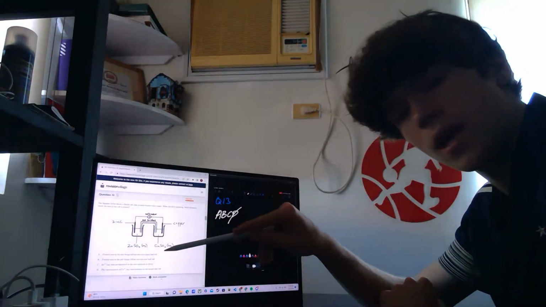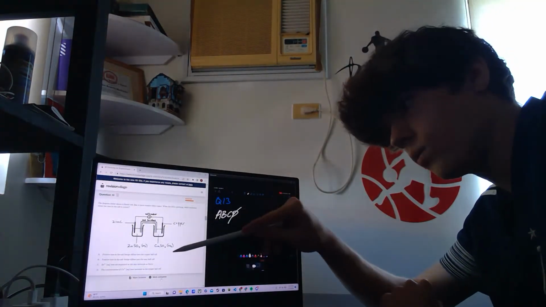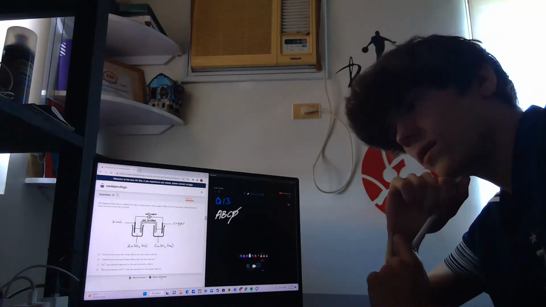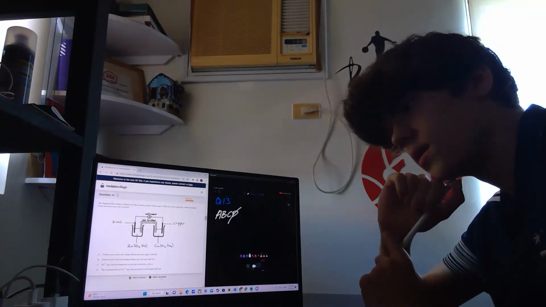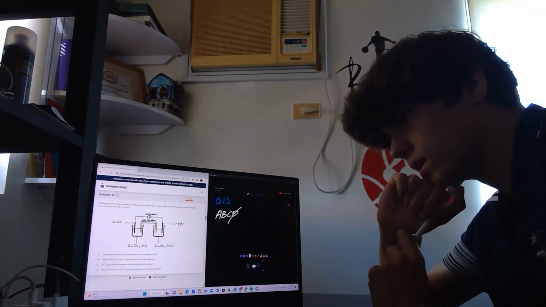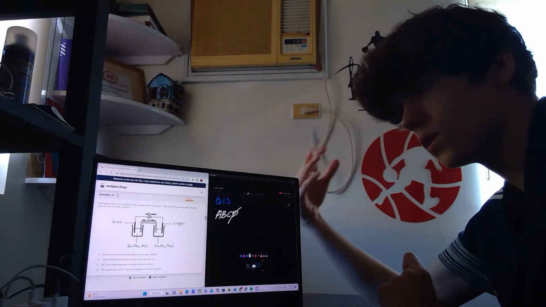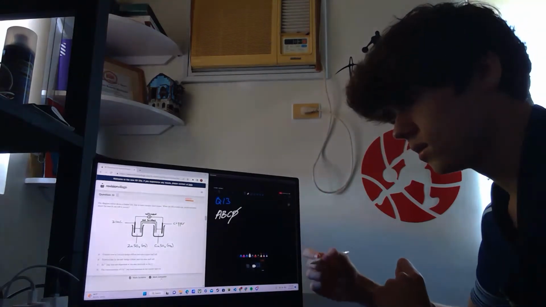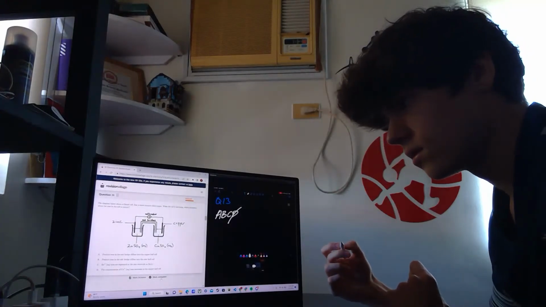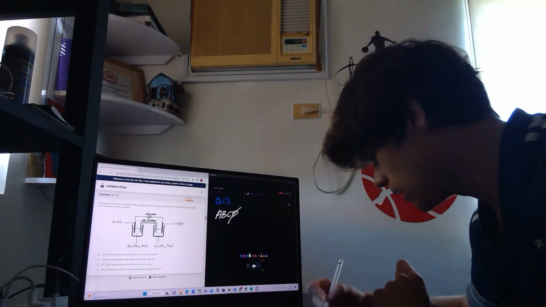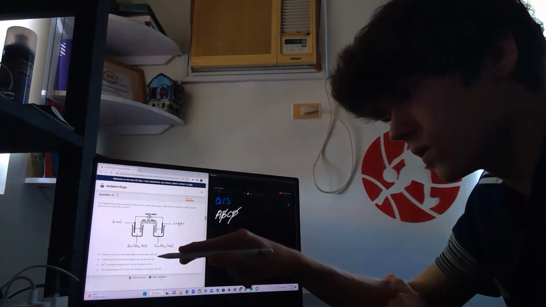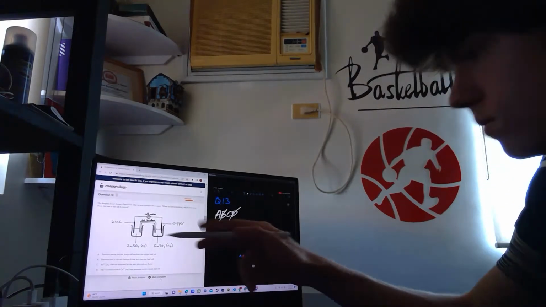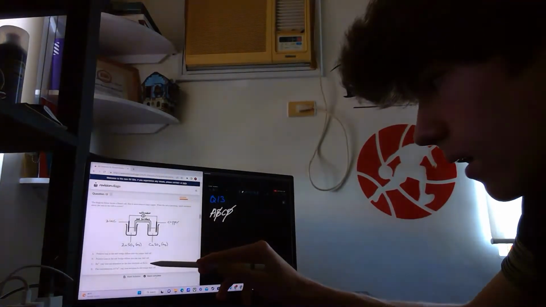C, I'm not sure. A and B are very similar. And what we do know is it's going to want to balance charge. So if I'm not mistaken, the positive ions are going to flow into the one with the cathode, which is going to be the copper half cell, right? Well, we already know these two are really similar, meaning that one of them has to be right. So I feel like it has to be between A and B. But then why is this not?